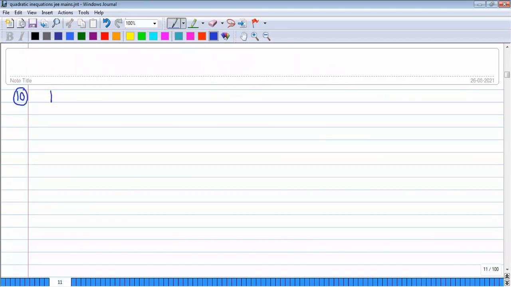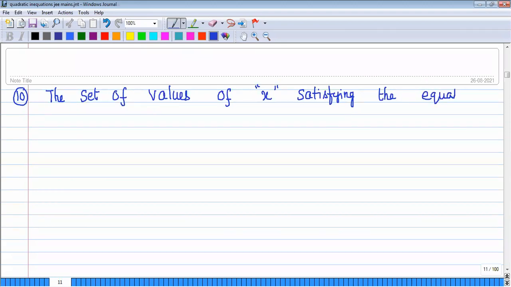The set of values of x satisfying the equation root over 2x minus 5 is less than negative 5 is.